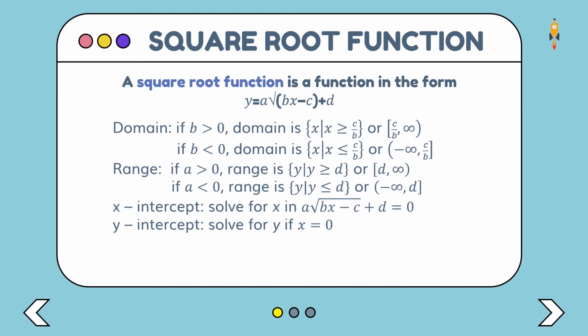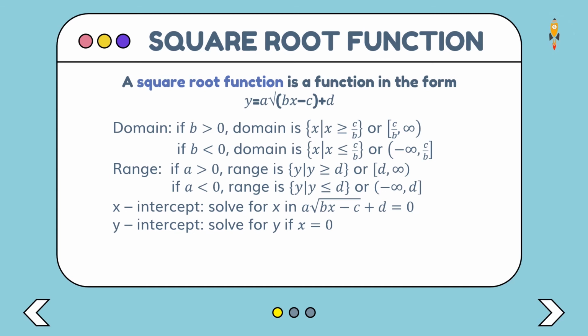Range. If a is greater than 0, the range is the set of all values of y such that y is greater than or equal to d, or d to infinity. And if a is less than 0, the range is the set of all values of y such that y is less than or equal to d, or negative infinity to d.